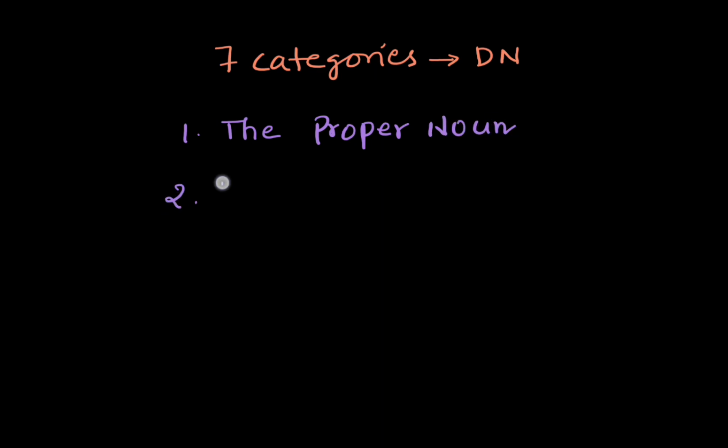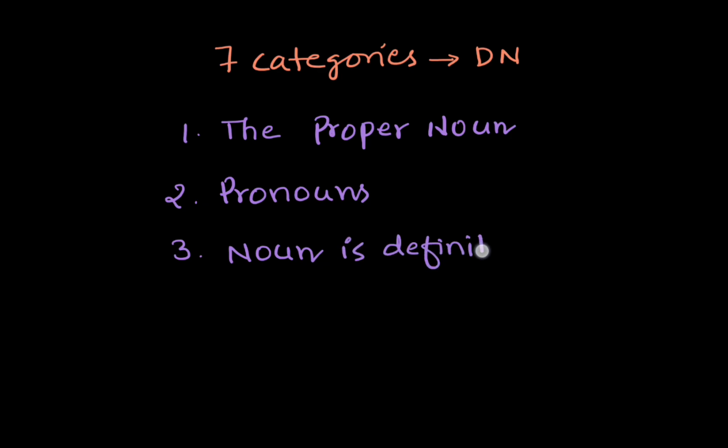The second one is pronouns. Pronouns are also categorized under definite nouns. The third one is the noun made definite by alif lam, which we have studied here. Any word which starts with alif lam is a definite noun. We have learned this in today's lesson.